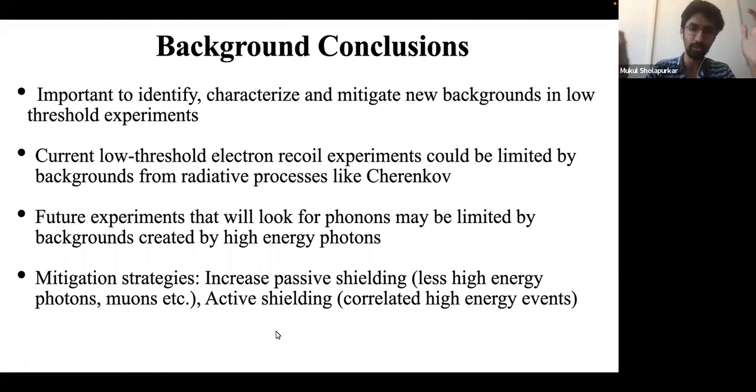And if you have timing information in your detector, then you can throw away a corresponding, time-coincident low energy event that happens in the detector, because probably that high energy photon caused that event. So this will help veto those kinds of events. But our point was just to point out these backgrounds, and that these backgrounds have to be carefully considered and mitigated in future experiments. So that was the main part of my talk.